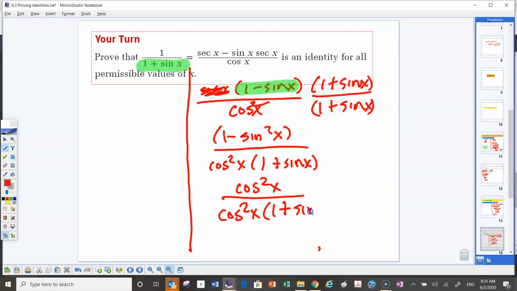And I think you can see how this is now going to unfold, because now the cos squareds cancel out, and I'm left with 1 over 1 plus sine x, and that is what I wanted to show, so quite easily done.